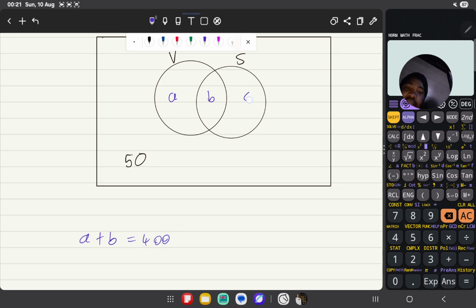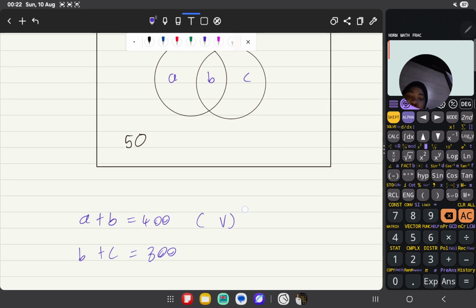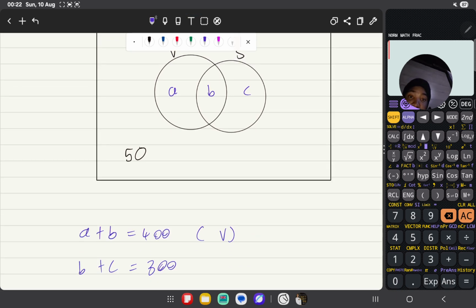Then I'll write C here, and this one is for fed cooks, and the 300 is made up of B plus C equals 300. So B and C combined give you 300, and A and B combined give you 400, right?